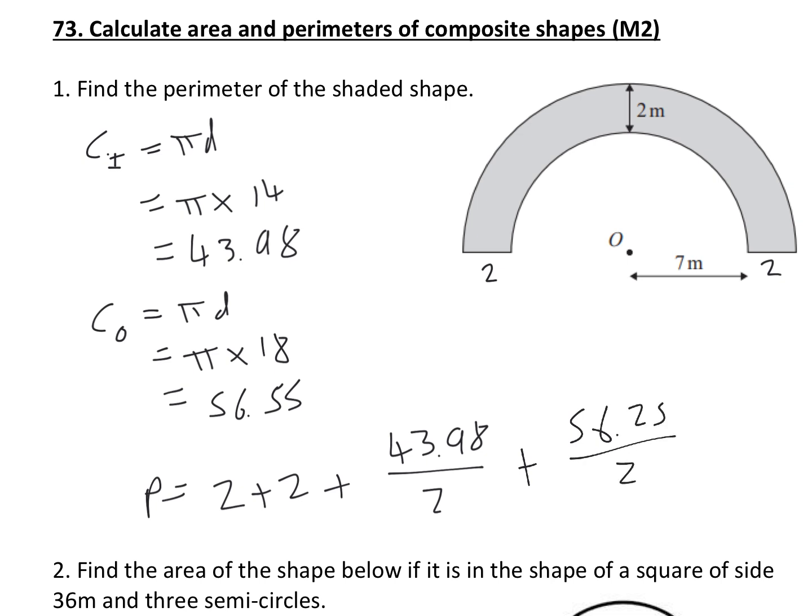We only want half of that too. So 43.98 divided by 2 plus 56.25 divided by 2 plus the 4 gives 54.12 to 2 dp. And that is perimeter in meters.